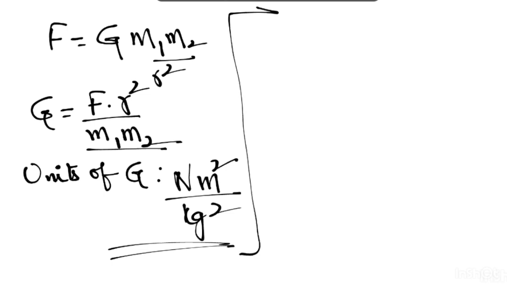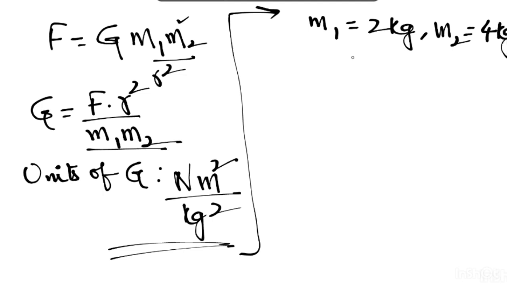Now let's apply this equation. Simple example: consider two bodies whose masses are 2 kg and 4 kg, and these two are separated by a distance of 2 meter. Now I am going to find out the force of attraction between these two.